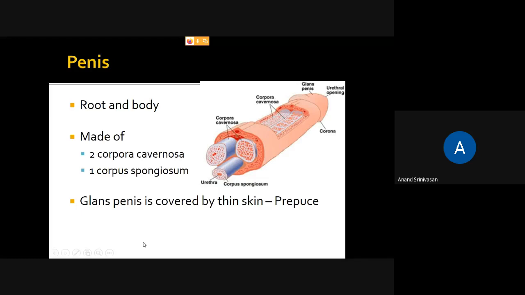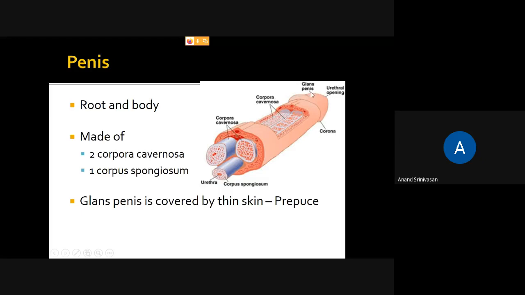Now this corpus spongiosum goes below, and near the end of the penis, near the tip, it enlarges into a conical structure called the glans penis.